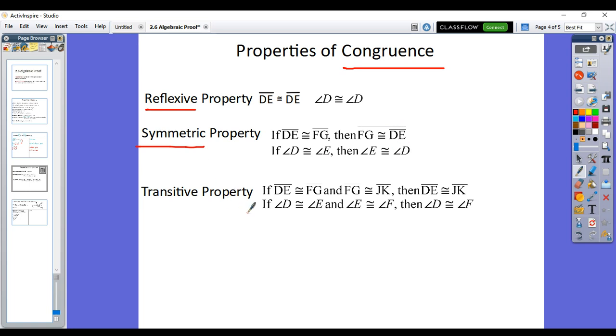And transitive property is where you say, somebody told me that angle D and angle E are the same, and also that angle E and angle F are the same. Well, if this is the same as that, and this one's the same as that, then the very first thing, D, is congruent to the very last thing. Very simple, the transitive property of equality.